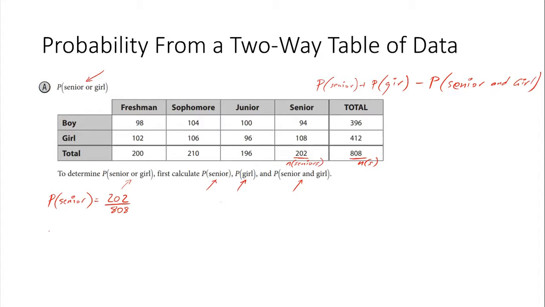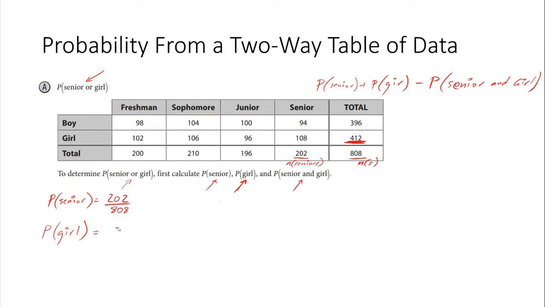Now let's go ahead and find the probability of picking a girl. First things first, how many girls we have out of the seniors? Okay, so we have 108. So notice how I'm focused on a whole different event. But wait, not senior girls, girls entirely. Notice how that's a big difference, right?